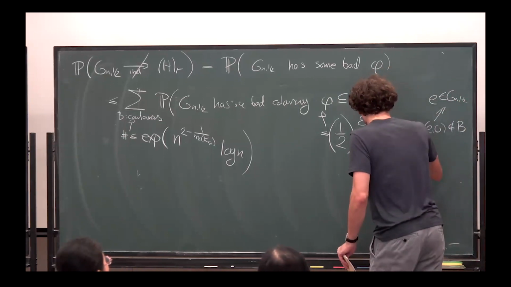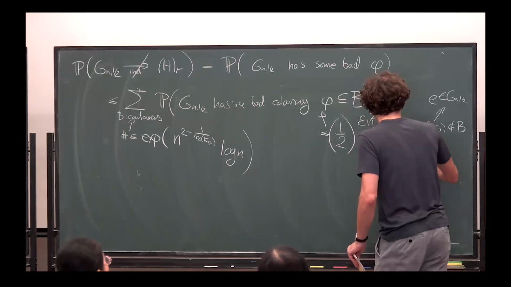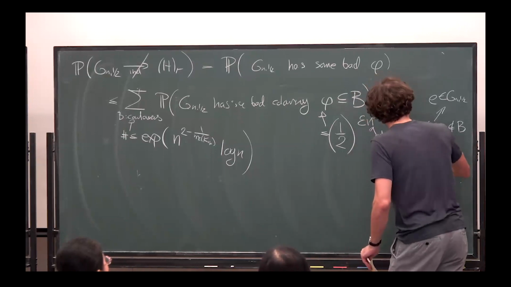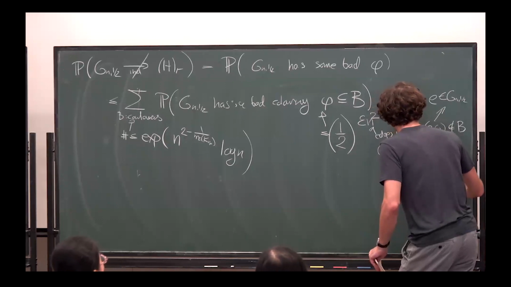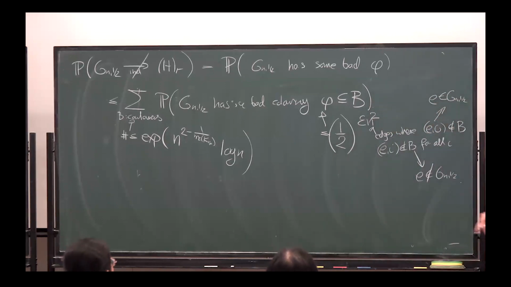Or EI not in B for all I. This means that it must not be in Gn1/2, because if it was, we wouldn't be able to color it. And if it wasn't, then we have to color it 0, but we cannot because B tells us that we cannot do it.